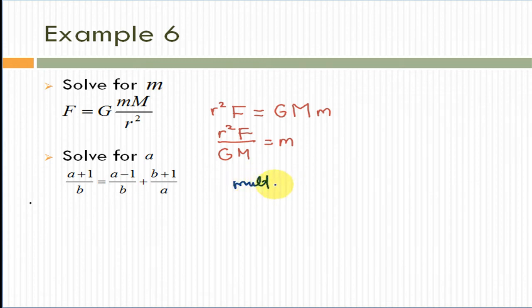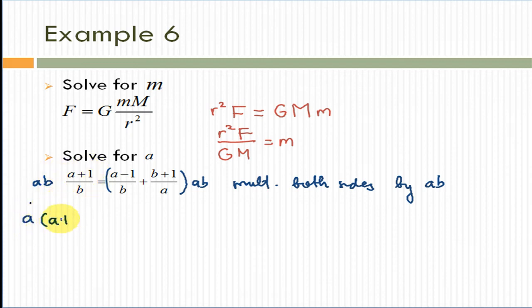Multiply both sides by a times b. So if we multiply this by a times b, so first a times b times this, we can cancel the b to get a times a plus 1 equals, now we use the distributive property.